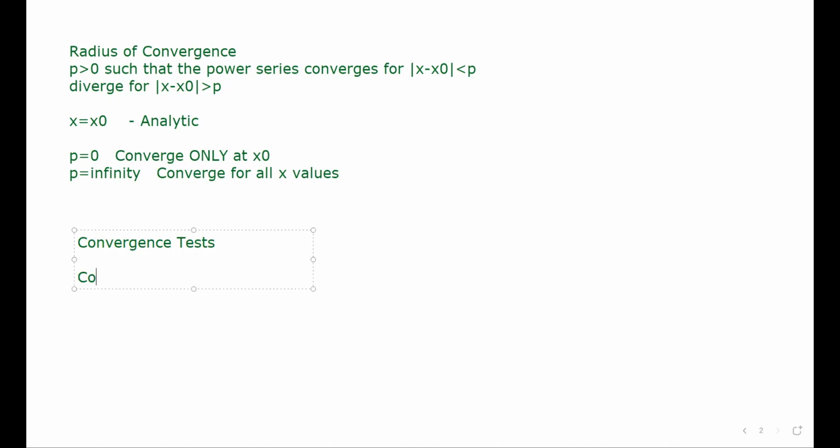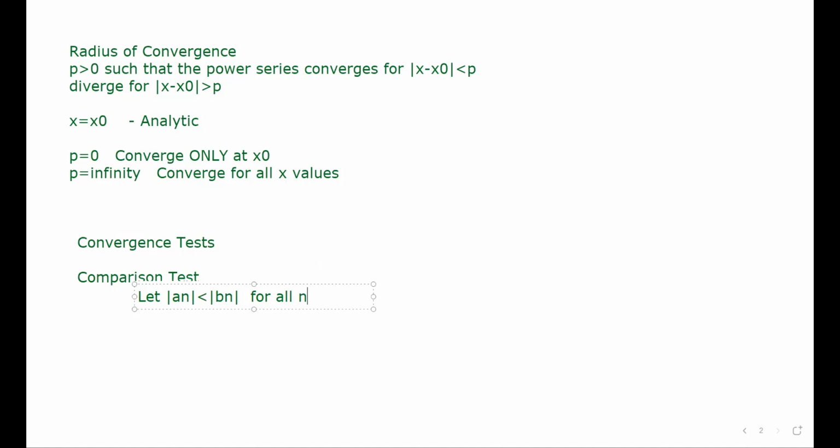So first one was the comparison test. In order to do this, you had to know a series that converged, or you had to know a series that diverged. So in this case, let the absolute value of a sub n be less than the absolute value of b sub n for all n values.